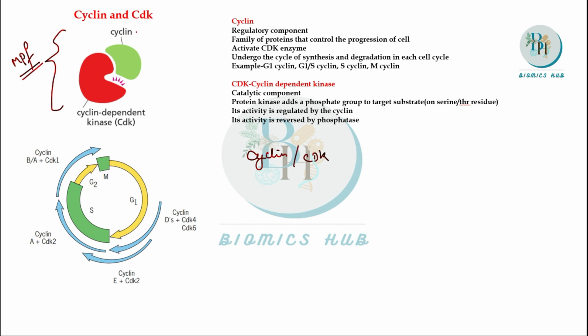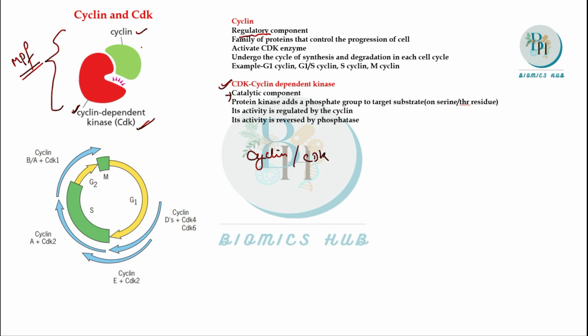There are two things, the cyclins and the CDK. The cyclin is a regulatory component, and the CDK is a catalytic component. What is this CDK? It is cyclin dependent kinase. That means it is a kinase, phosphorylating something, and it depends upon the cyclins.